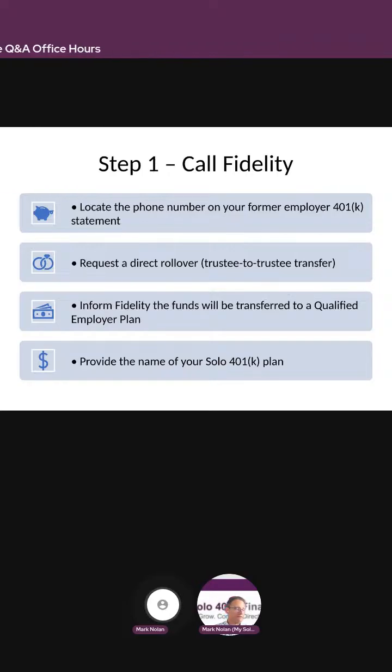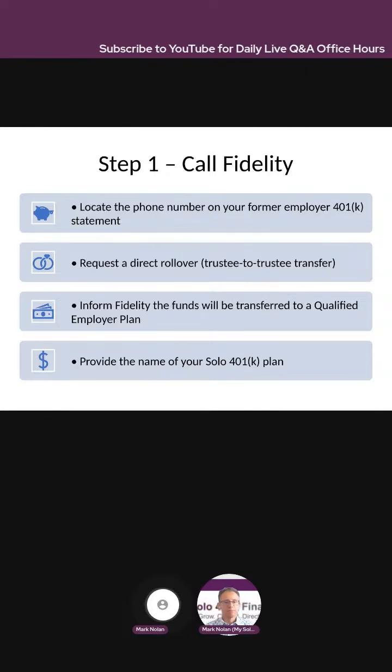And then you're going to provide Fidelity Investments with the name of your solo 401k plan. If they ask for an account number, you're going to want to provide the employer identification number for the solo 401k.